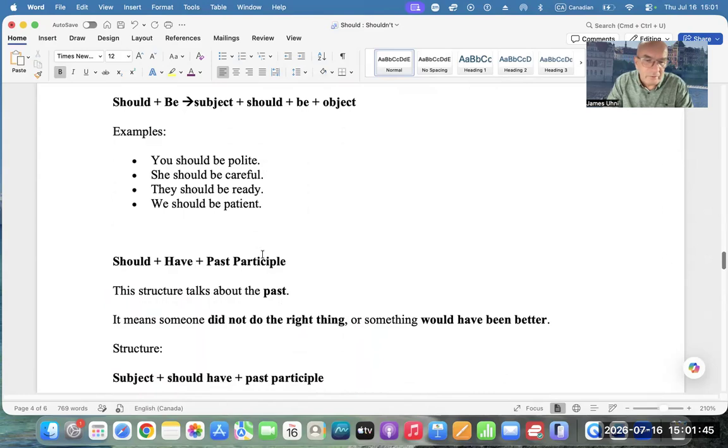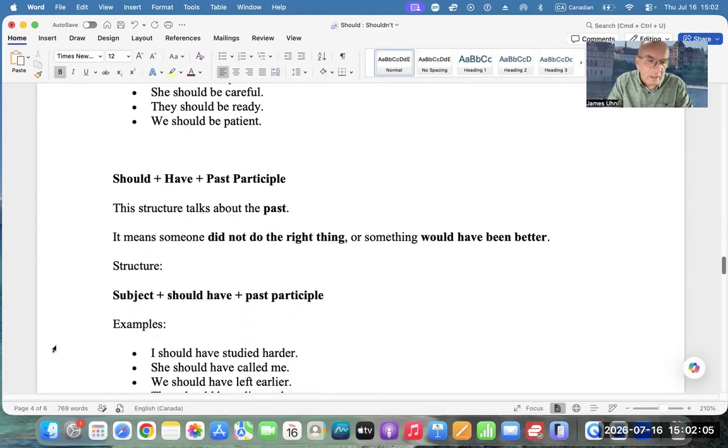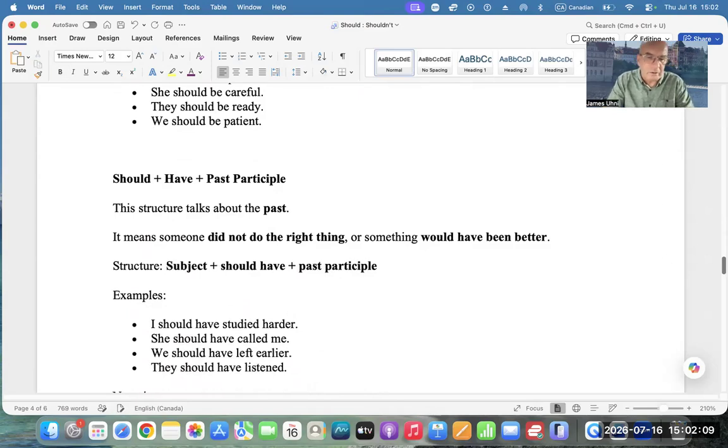Should plus have plus past participle. This is interesting. This structure talks about the past. So it means someone did not do the right thing, or something would have been better. This one I will highlight in red because it's in tense.